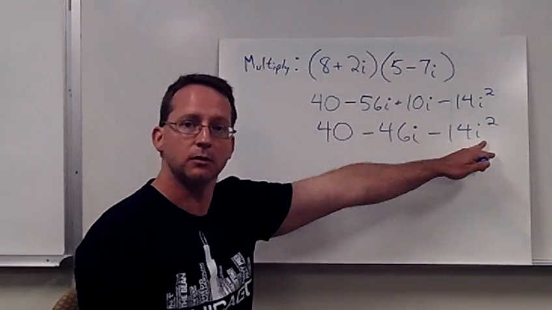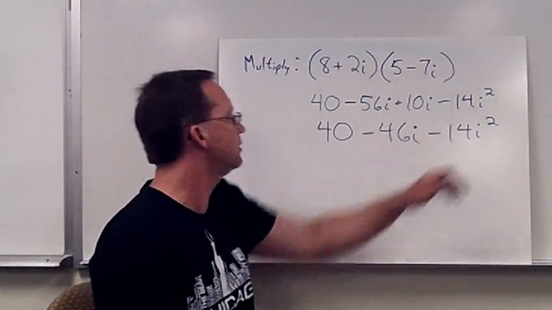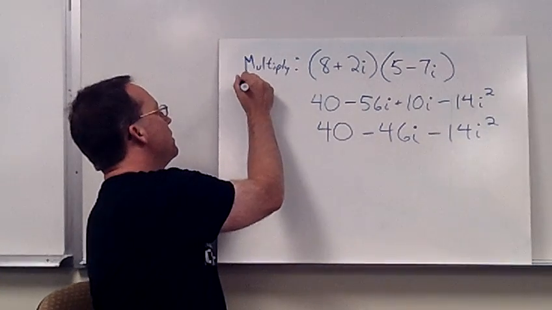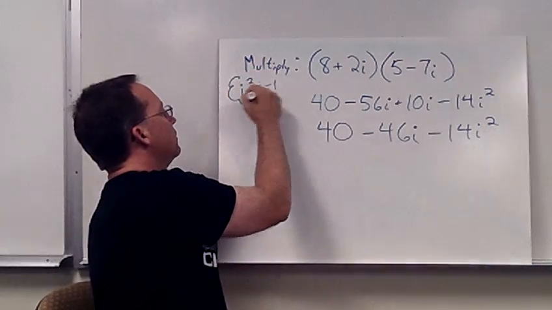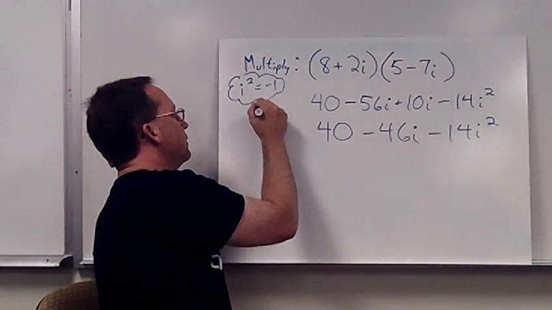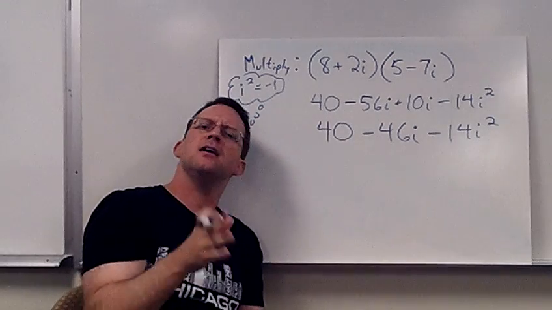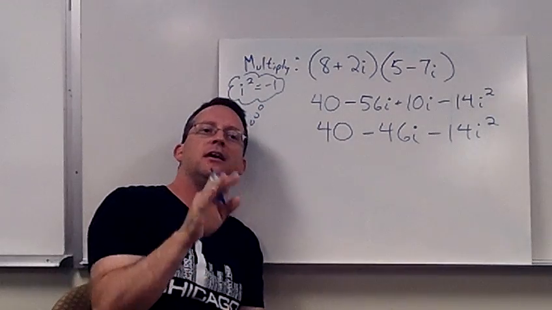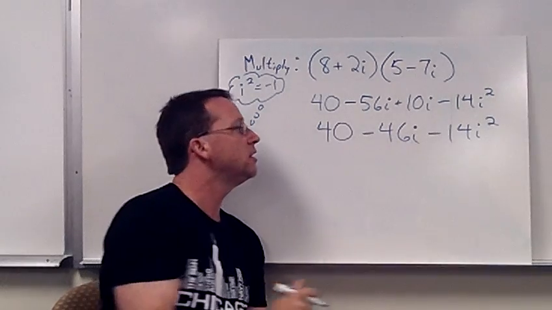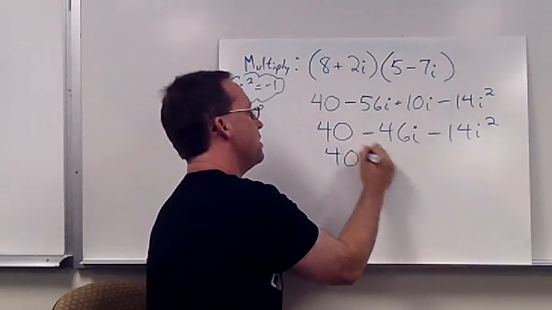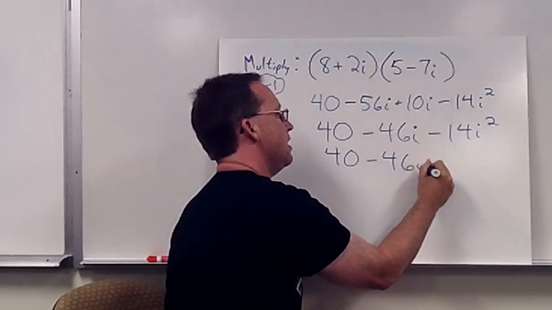Now, remember that i squared is -1, right? That fact is always going to be there. i squared is always going to be -1. So I'm just thinking, hey, isn't i squared -1? And it is. And I'm going to substitute that fact into this to simplify it a little bit more. So this becomes 40 minus 46i.